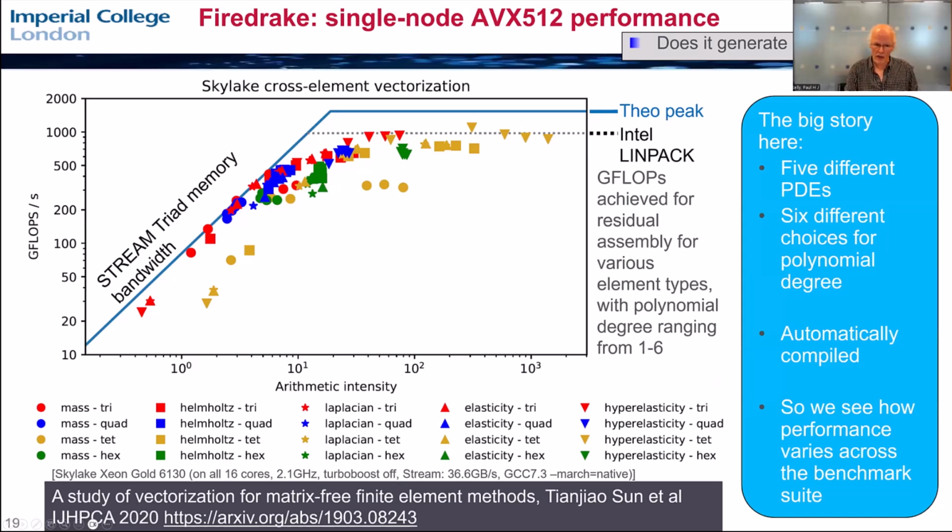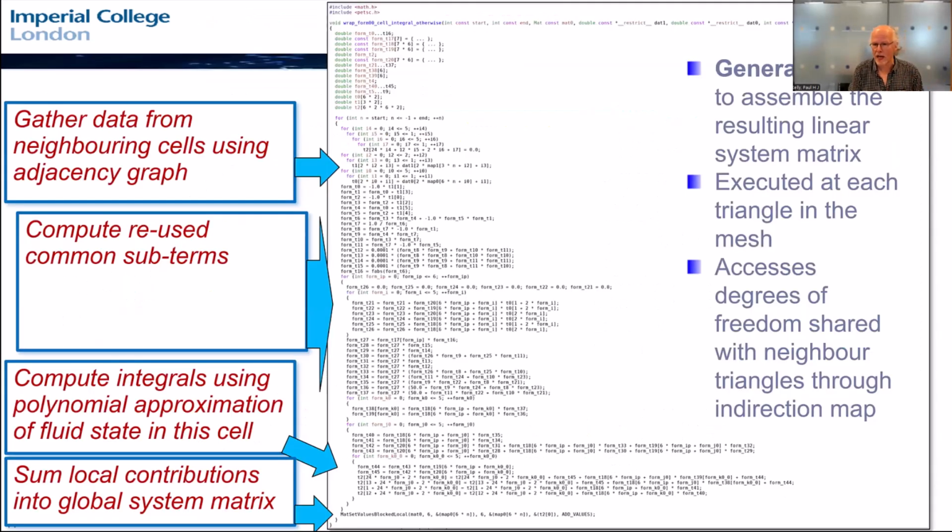Why? Because when we go back to this here, for those tensor product elements like quads and hexes, we're able to do massive common sub-expression elimination. And that leads to loops that compute vectors of terms which are then going to be reused in the assembly process.